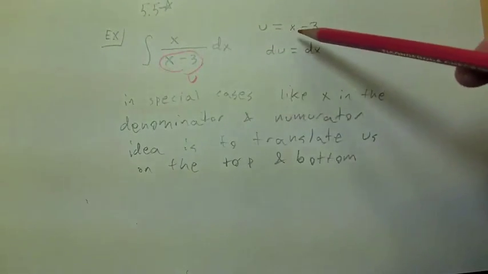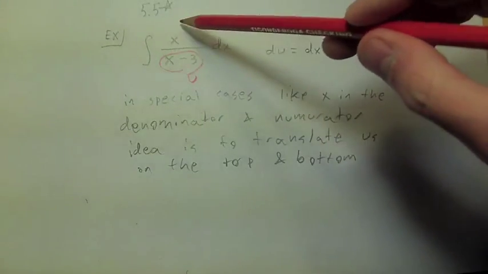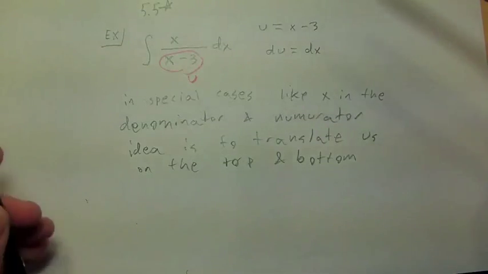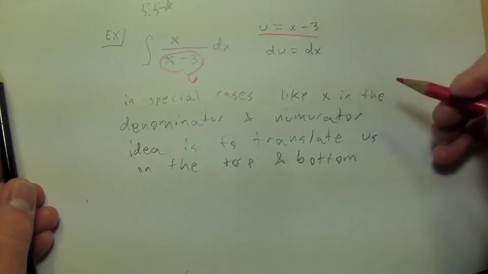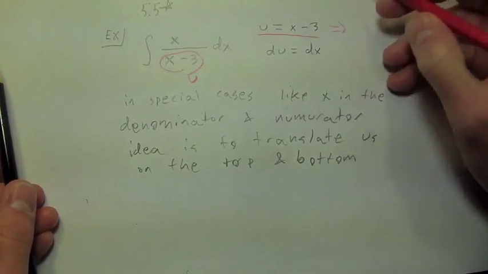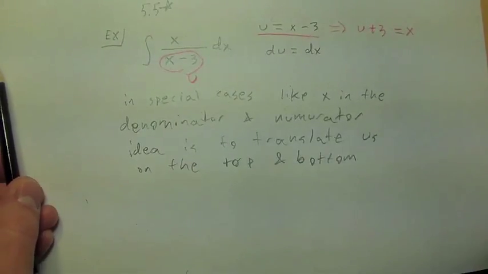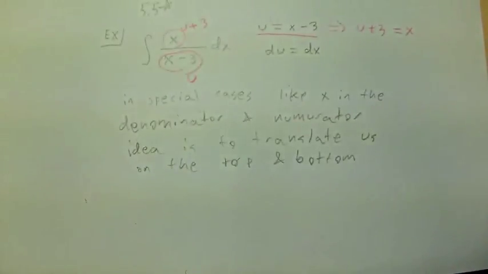Now I can't just replace this with u, but I could replace it with u plus 3, because if I move that 3 over, you end up with u plus 3 is equal to x. So the numerator is actually u plus 3.